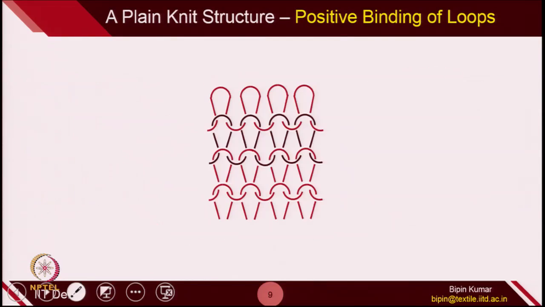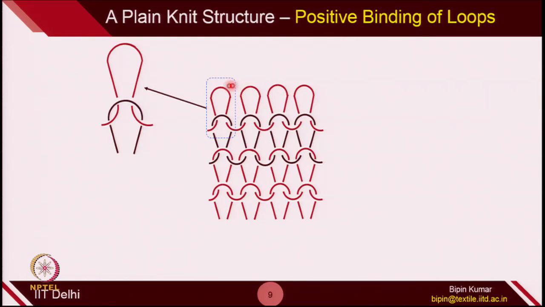Okay. So, if we further try to understand the intermeshing points in the entire area of the fabric structure, you can easily differentiate. There will be 3 types of loops which will be existing in this fabric structure. First, let us try to see the loop in the top rows.